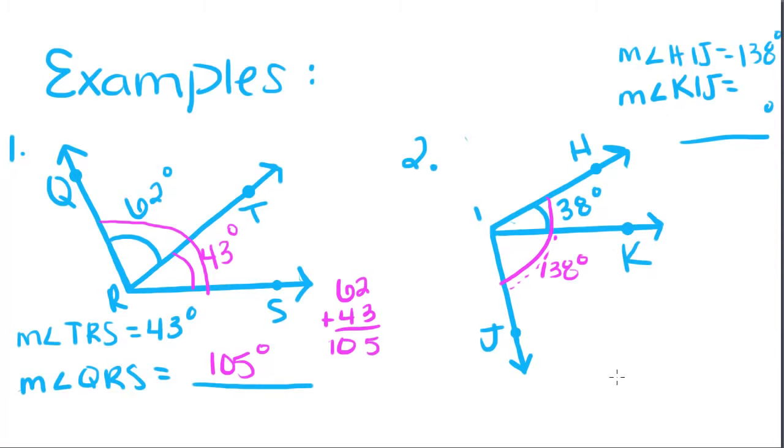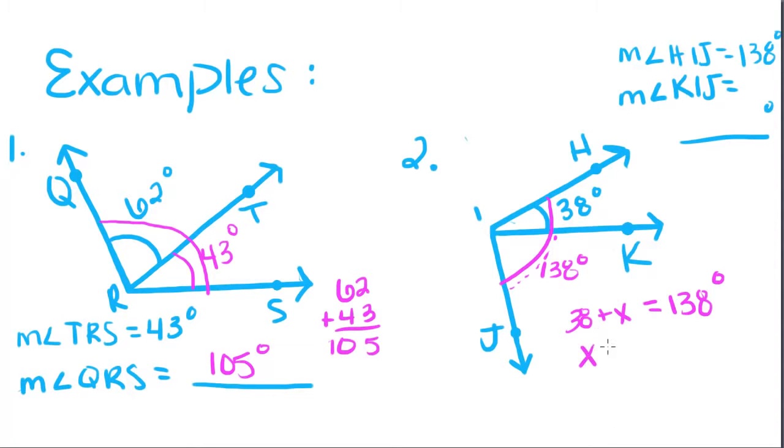So since I know the measure of the total, I can take the sum of the parts and set it equal to 138, with x being the measure of this angle.